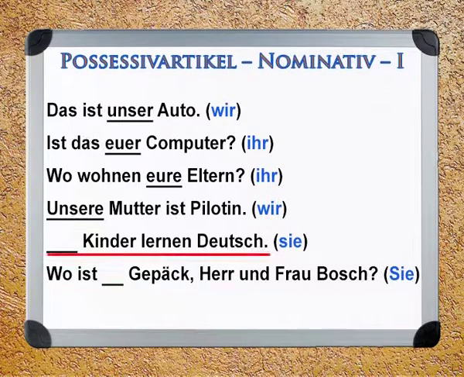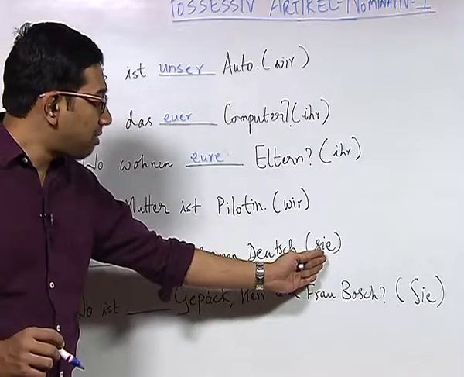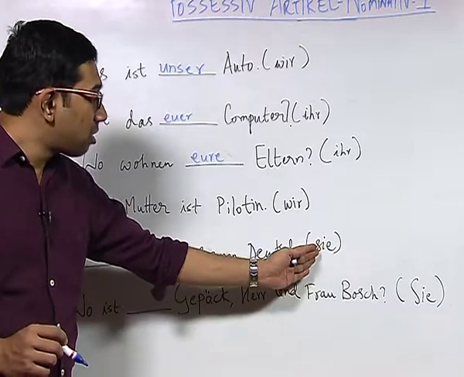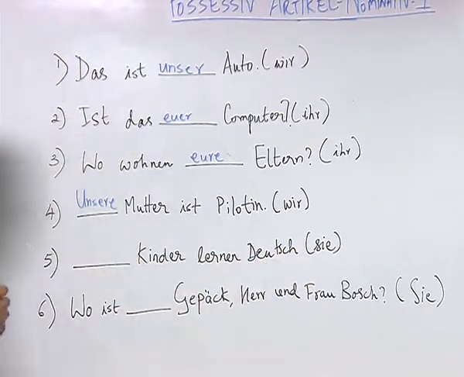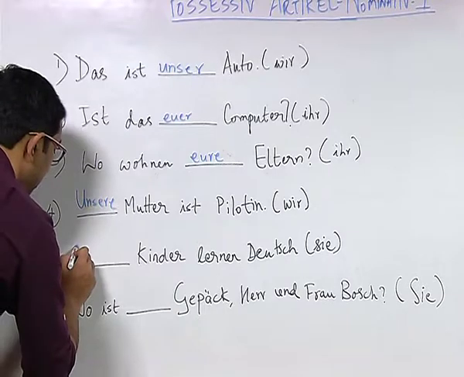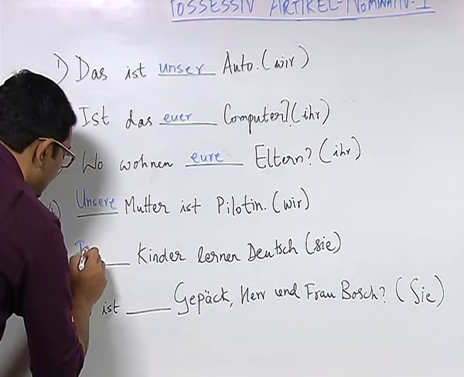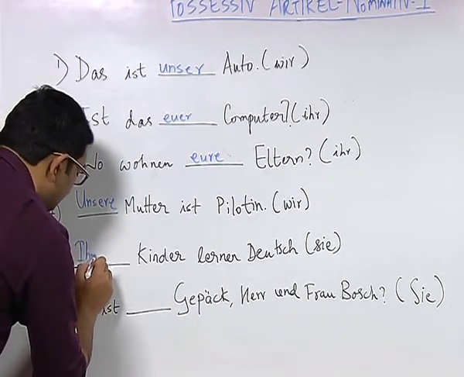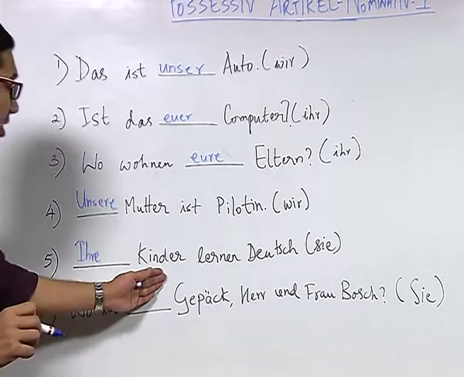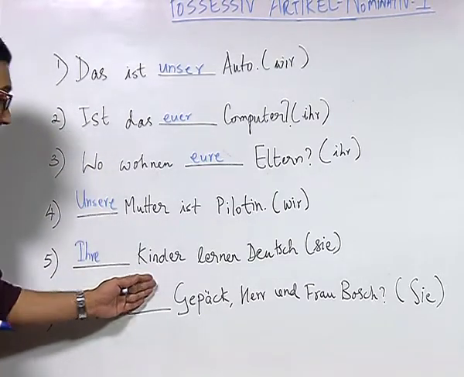Now, in sentence number 5, Kinder lernen Deutsch. Here we have the pronoun sie. So, for sie we have the possessive article ihr, and since we begin the sentence we write capital I, Ihre Kinder, because Kinder here is in the plural category.